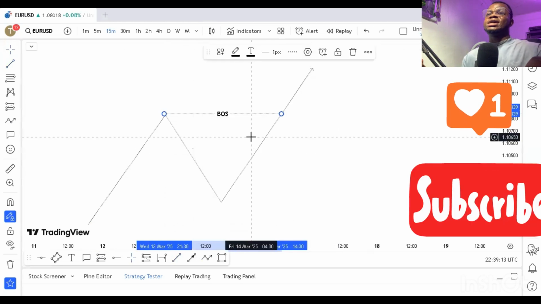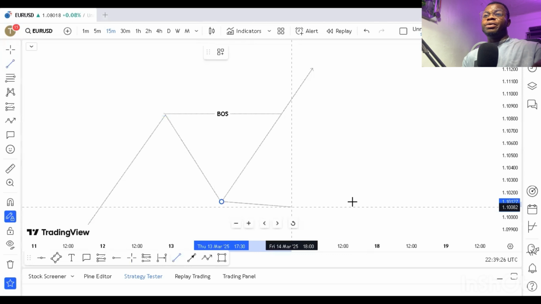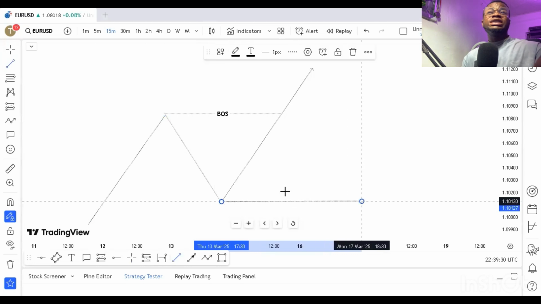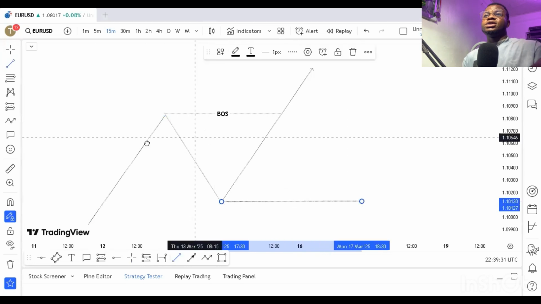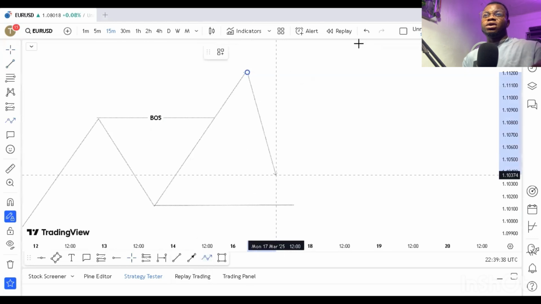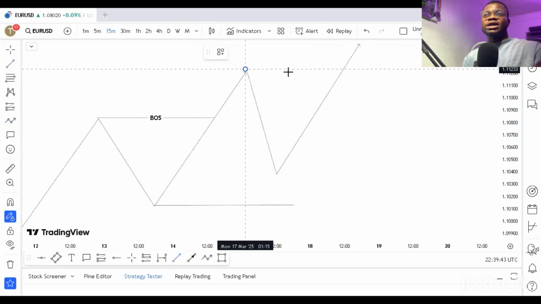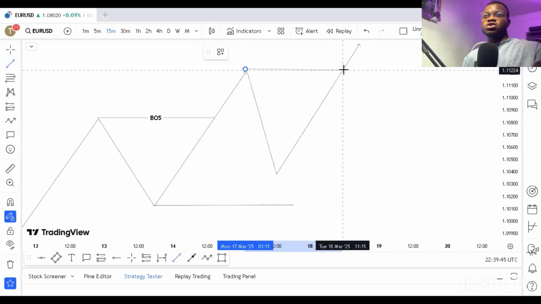So the validity of a structure is how much you see a break of structure. The more break of structure you see in a trend, the more valid the trend is. So if price comes into the zone, the level, and creates a break of structure, the more valid this structure is to continue buying.